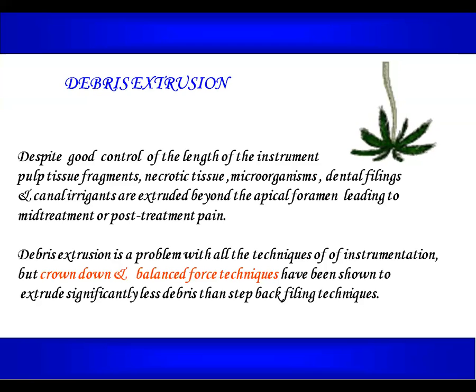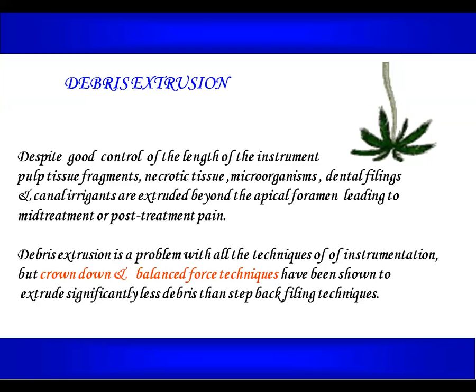Then again we can see extrusion of debris. When debris is extruded through the apical foramen, it contains various microbial flora, a much bigger microbial load, that goes into the periapical lesion and tends to grow into pus cells.